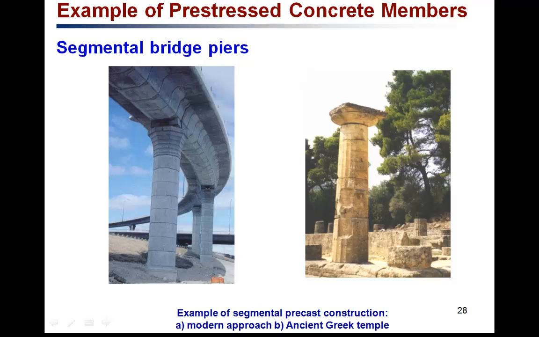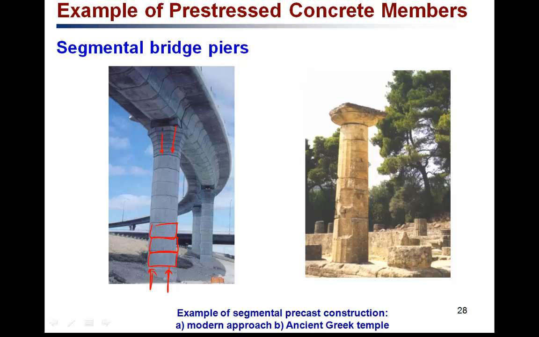Another example of pre-stressed concrete members is segmental bridge piers. As you can see here, this pier consists of a number of segments which are attached together by the pre-stress force. By the pre-stressing, these segments are attached together. And this is the modern concrete construction technique for segmental bridge piers.